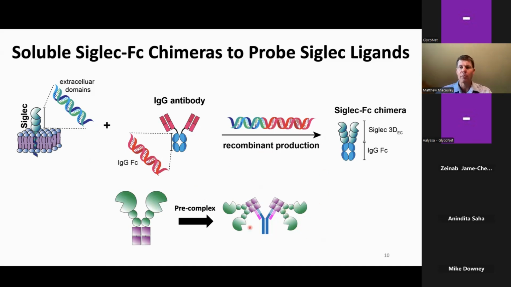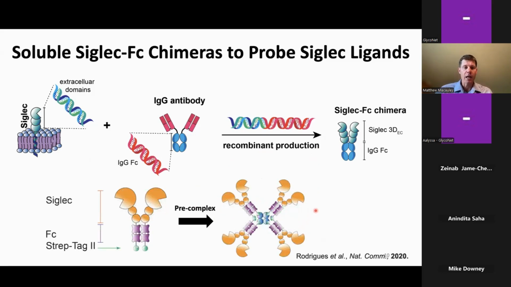So when I started my lab, we wanted to develop our own set of tools and improve upon this. There are some applications for which, for example, this type of secondary antibody we simply cannot use. And so we re-engineered Siglec-Fcs, as you can see over here, and incorporated a bunch of new features into them.